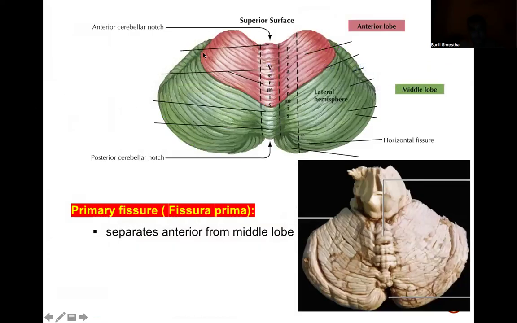Now, the main function of the primary feature is to separate two lobes. The primary feature is present in the superior surface, sorry, not superior lobe, the superior surface.